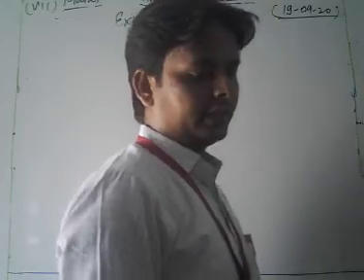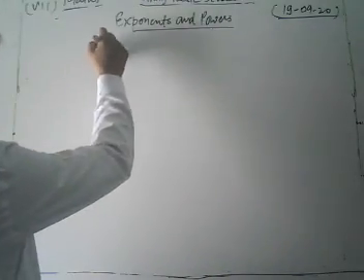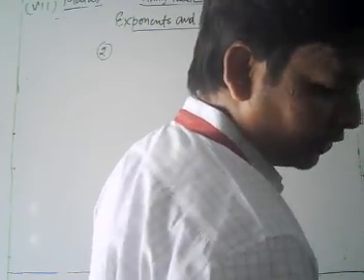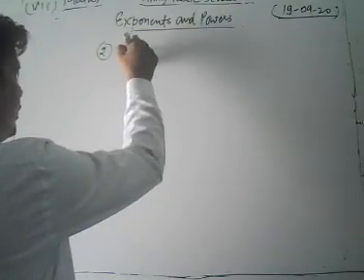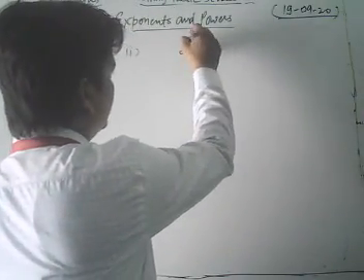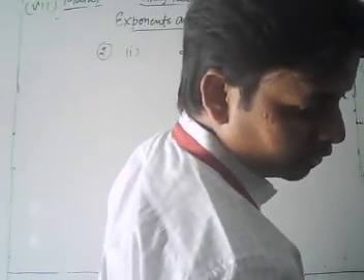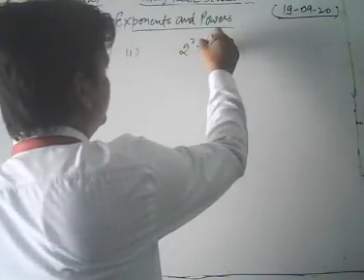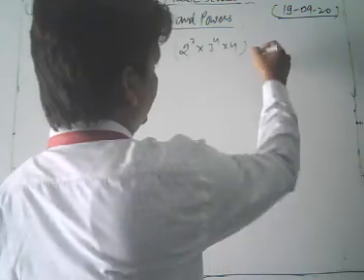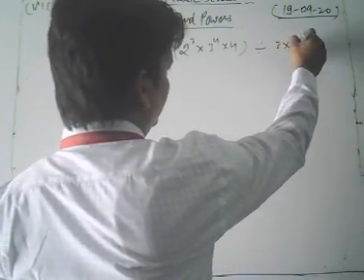Now again we take question number 2 of this exercise 13.2. The second question is: simplify and express each of the following in exponential form. The first part of this question is 2 to the power 3 into 3 to the power 4 into 4 divided by 3 into 32.